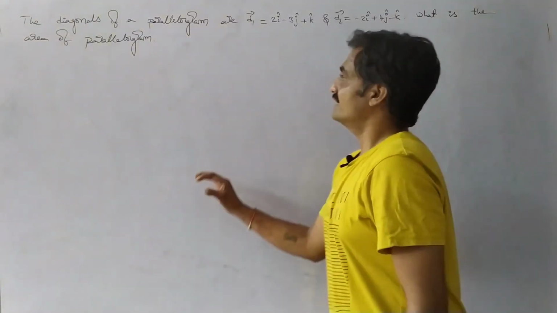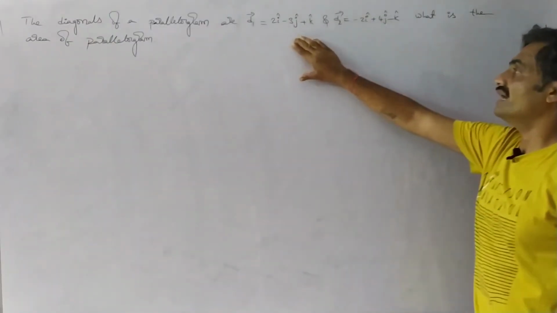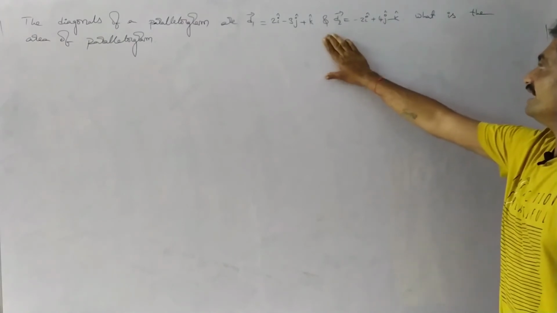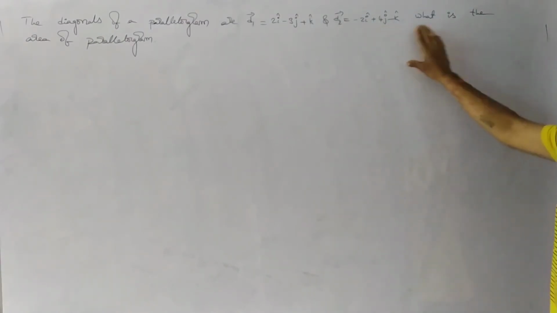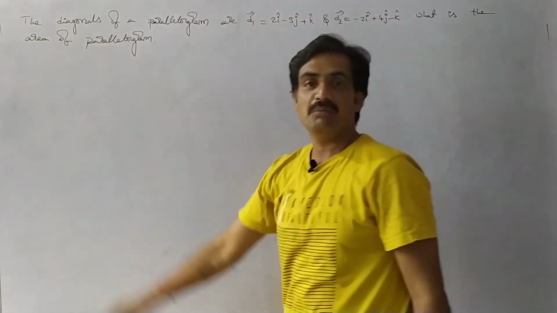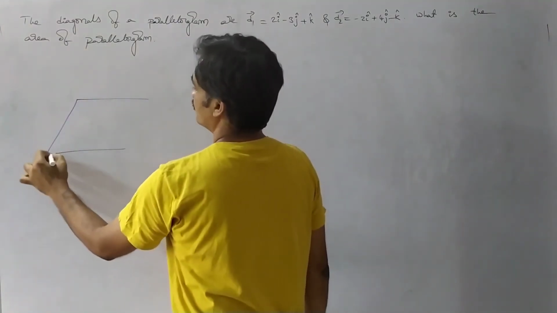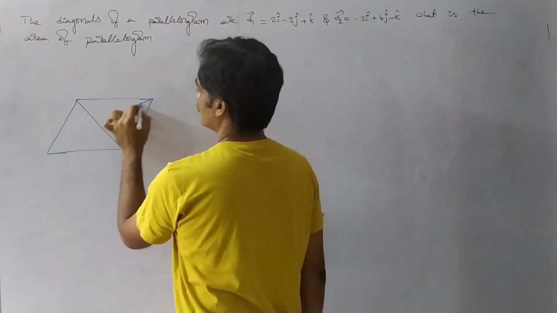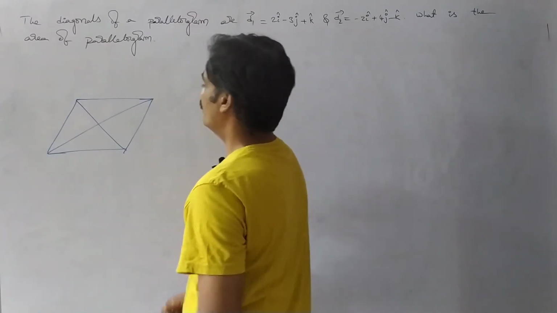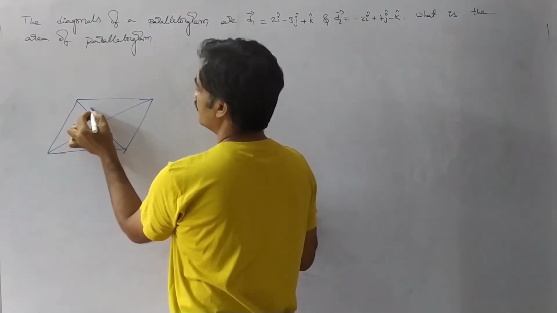The next problem is, the diagonals of a parallelogram are d1 bar = 2i - 3j + k and d2 bar = -2i + 4j - k. What is the area of the parallelogram? If we consider a parallelogram, it is given based on the diagonals. Let us consider them as d1 bar and d2 bar.